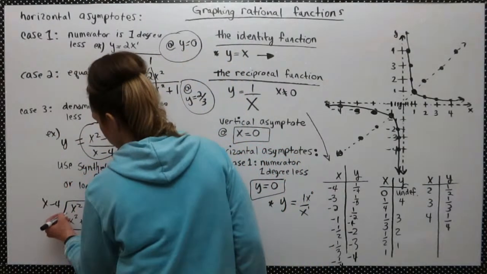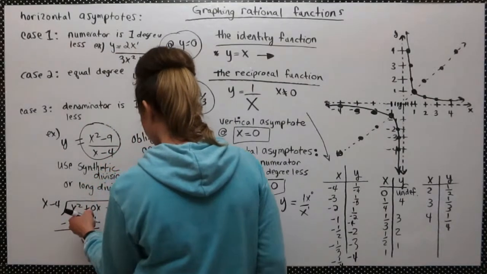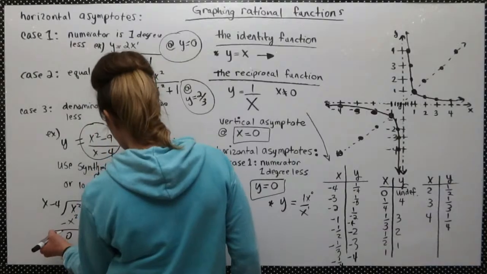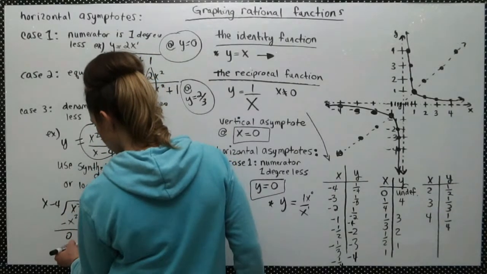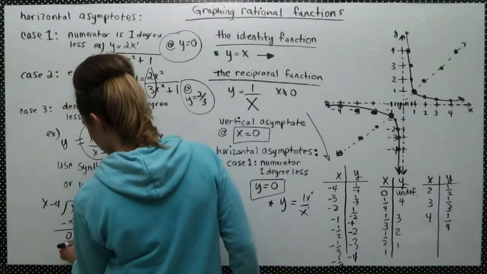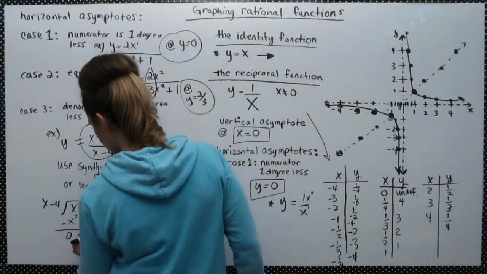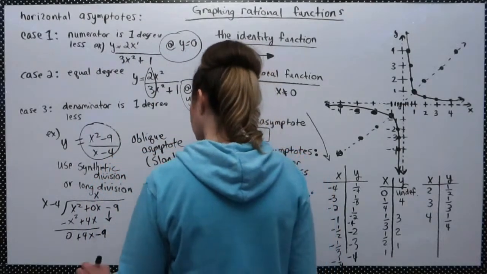Because you're actually subtracting that. So what you do is you have to multiply everything by a negative. So that term cancels out. You put x here, and then you add. So that's going to be plus 4x, and then you bring down the 9. So it's 4x minus 9.